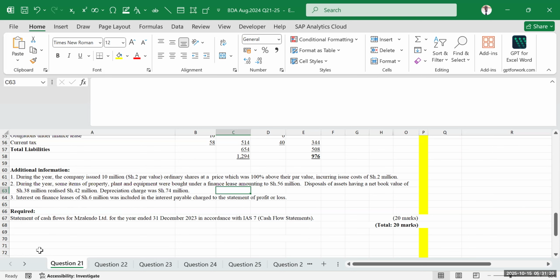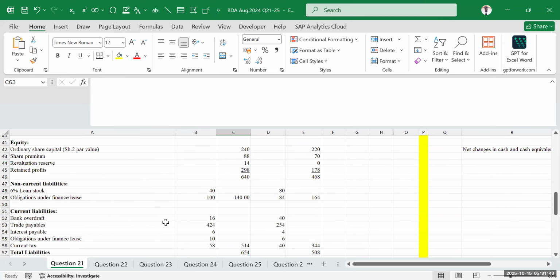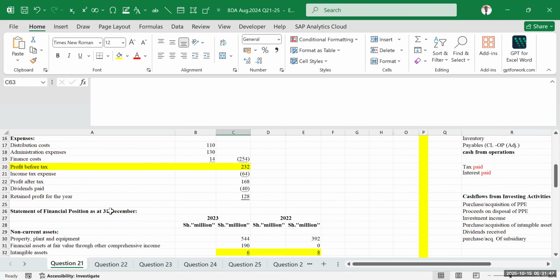Interest on finance leases of 6 million was included in the interest payable charged to the statement of profit or loss. So there was some 6 million included in the interest payable, which was charged to the statement of profit or loss that we have.